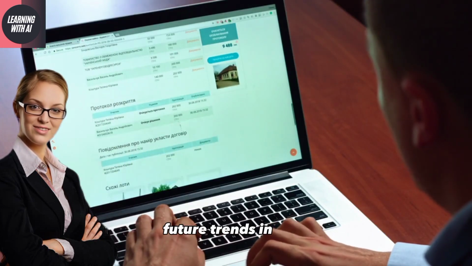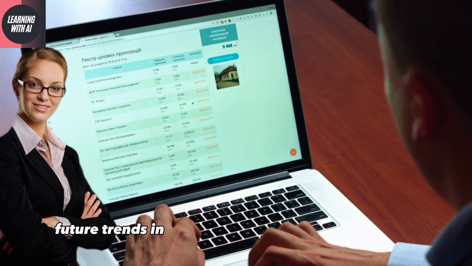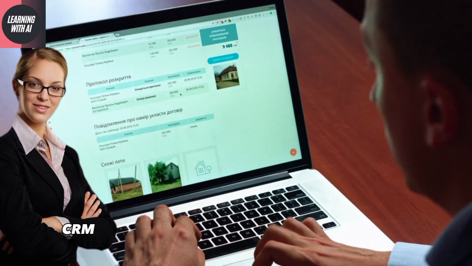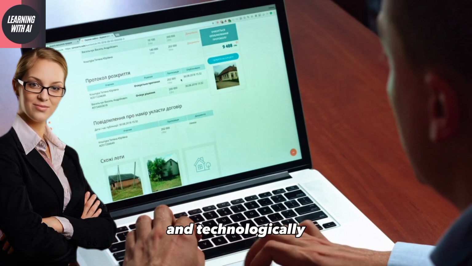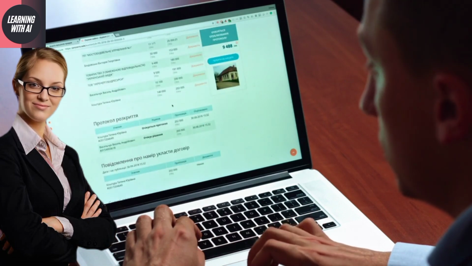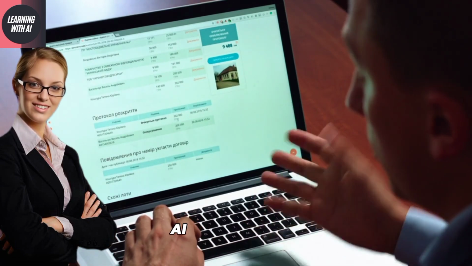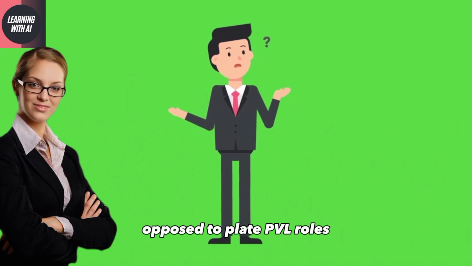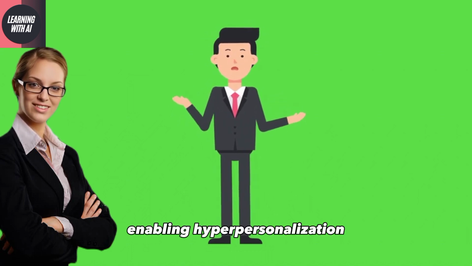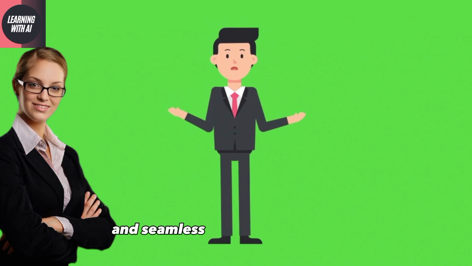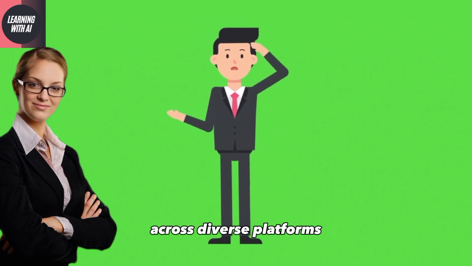Future trends in CRM. Future trends in customer relationship management CRM point toward an increasingly interconnected and technologically advanced landscape. Artificial intelligence, AI, and automation are poised to play pivotal roles, enabling hyper-personalization, predictive analytics, and seamless customer interactions across diverse platforms.